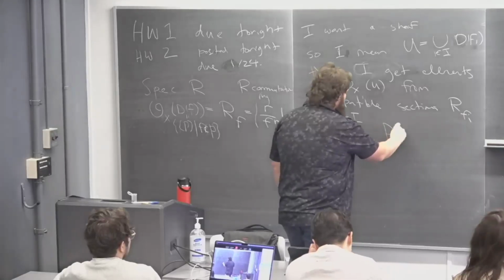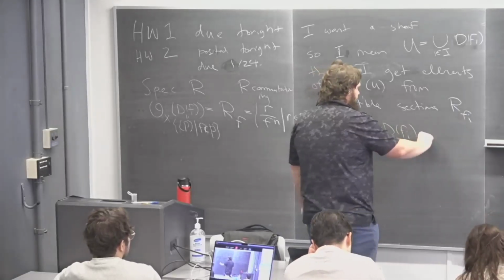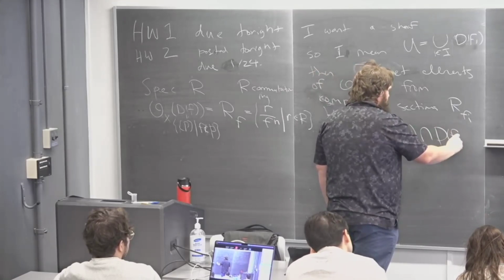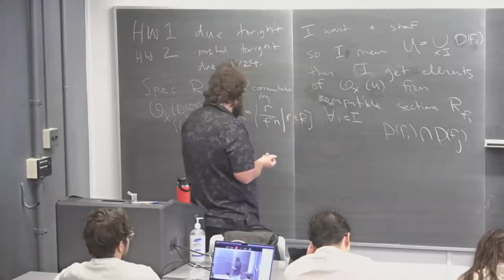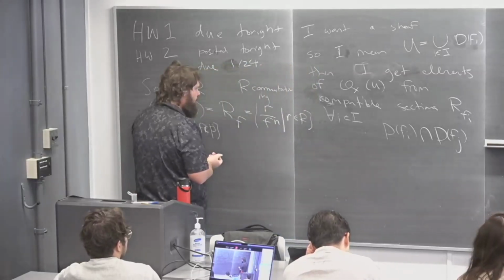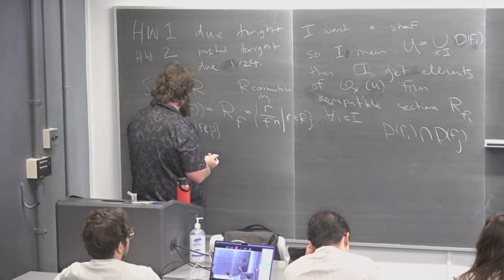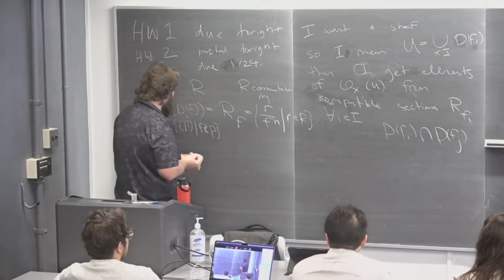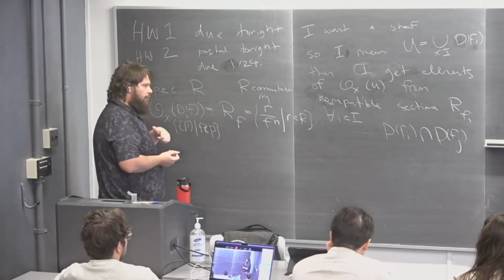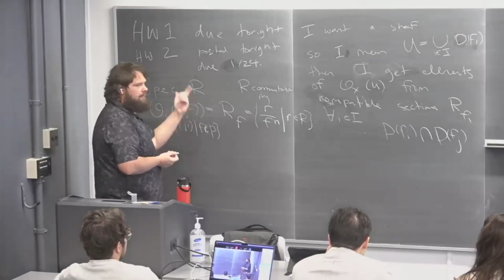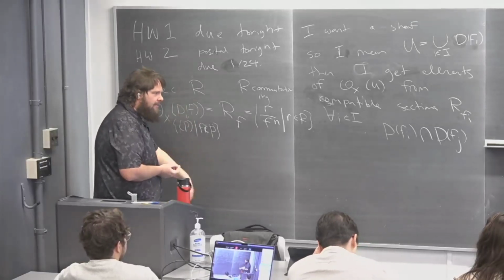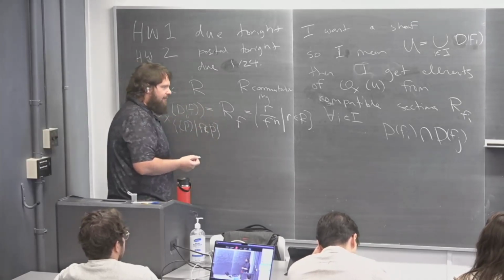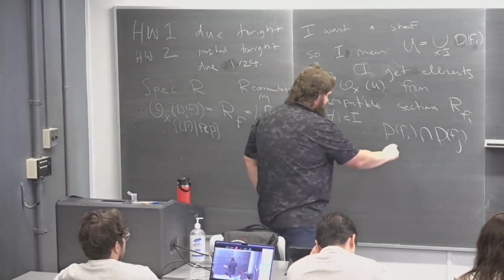So if I take D(F_i) and I intersect that with D(F_j), what does that mean? That means I have prime ideals that both don't contain F_i and don't contain F_j. Well, since it's a prime ideal, that means it doesn't contain F_i times F_j either.